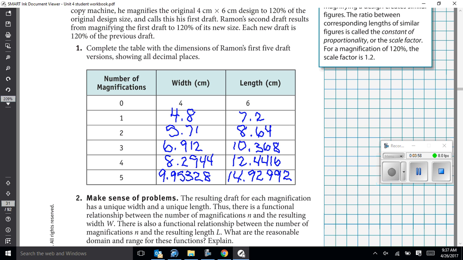Have you guys ever done that, like on a photocopy machine, where you've increased something and it goes by percent? Well, someday you'll make copies at work and need to increase the size of something.